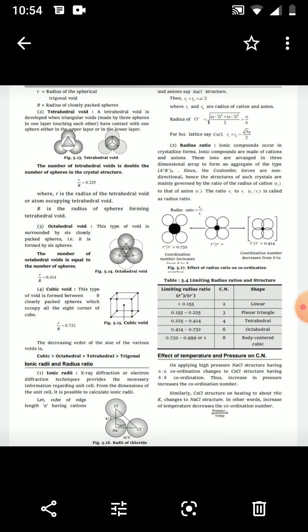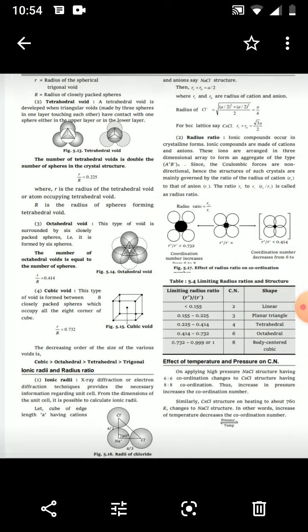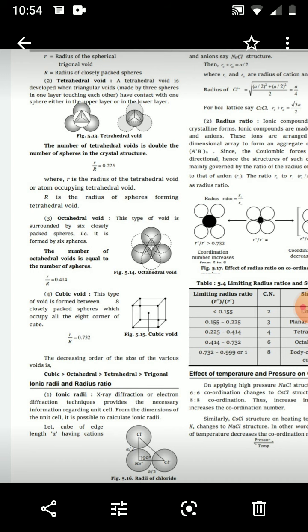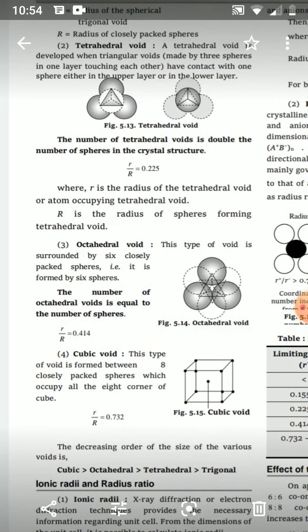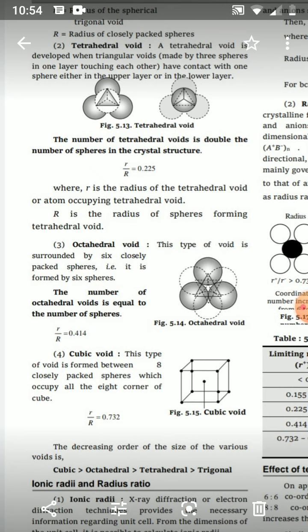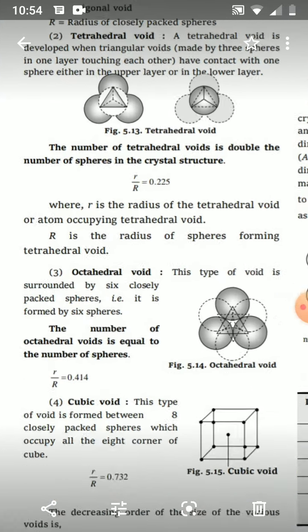Children, we have to think that the topic is given here, the tetrahedral voids. We know very well that this structure you can see here, figure 5.13.